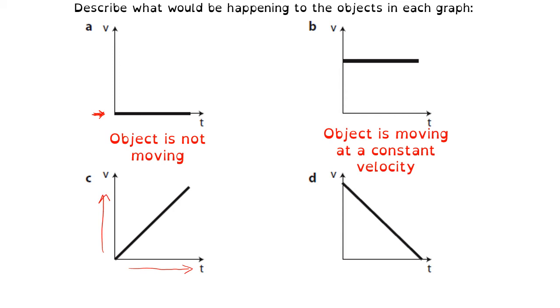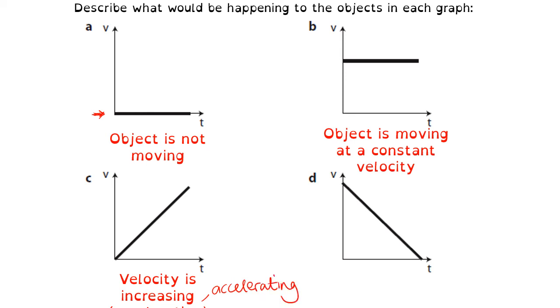So velocity is increasing, and what you can't see there, that is not showing up very well, I do apologise, it's gone off the screen. What we've got there is velocity increasing, therefore we have accelerating.